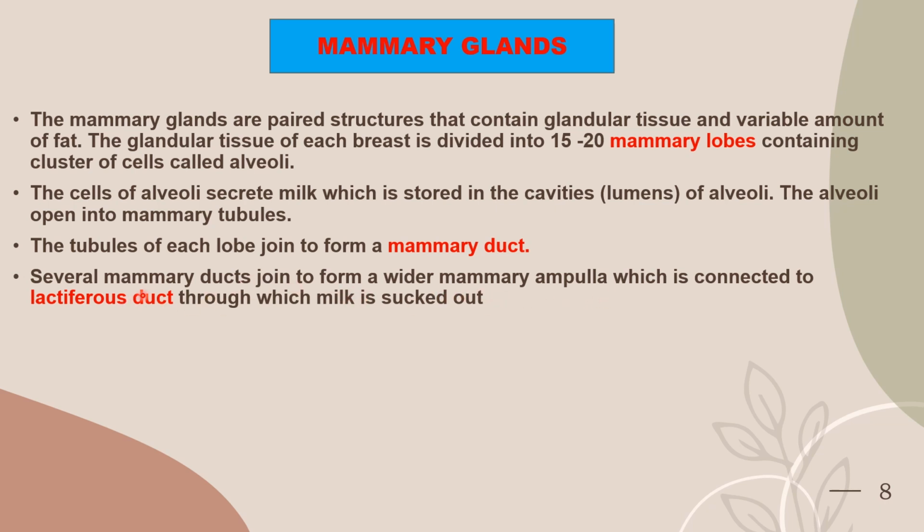So several mammary ducts join together to form a wider structure called the mammary ampulla, which is connected to the lactiferous duct. What is the function of this lactiferous duct? It is through which milk is sucked out. So this is the structure of the pair of mammary glands of the female reproductive organ. Hope you understood this, children.